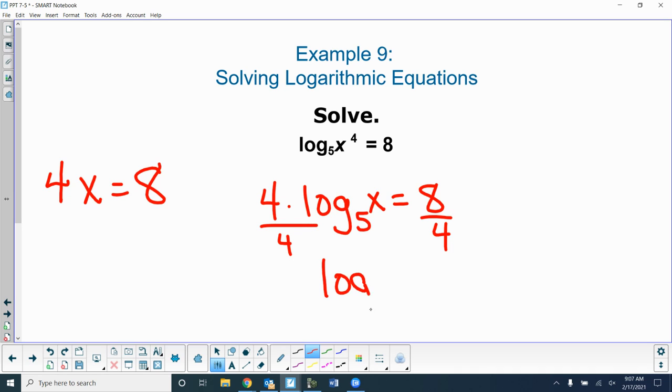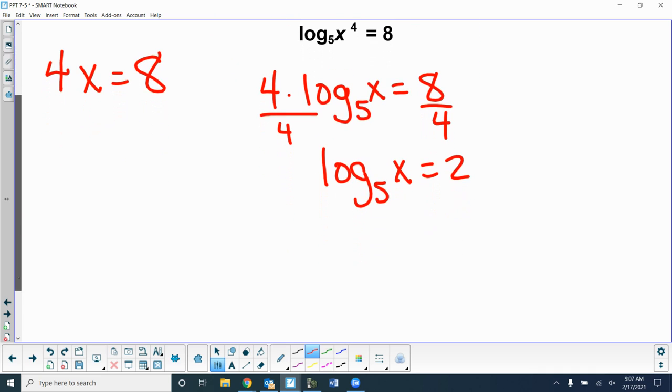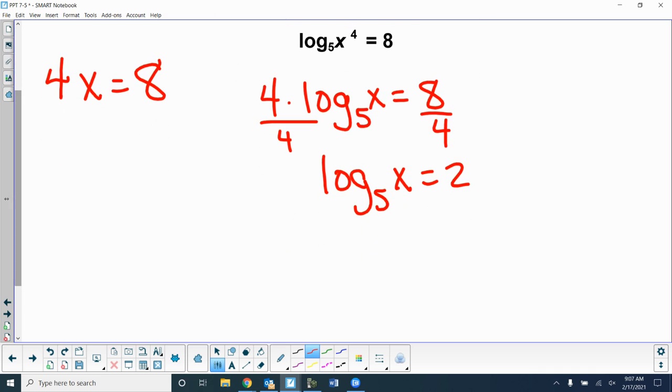So now I got log base 5 of a number equals 2. Now it's really easy. Now write it exponentially. So 5 is second. What's x? You guys don't even need a calculator. What is it? 25.